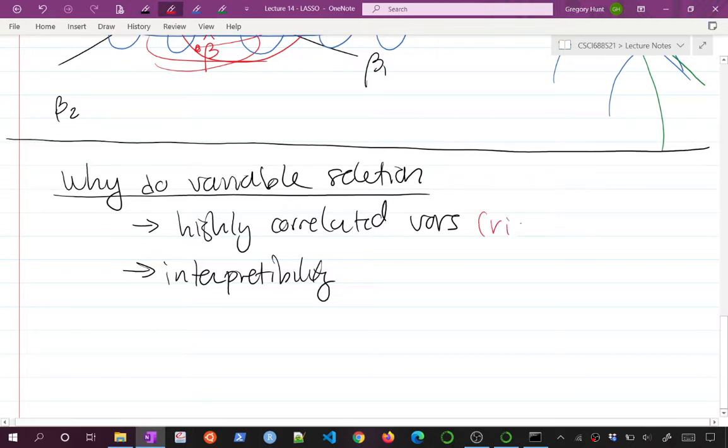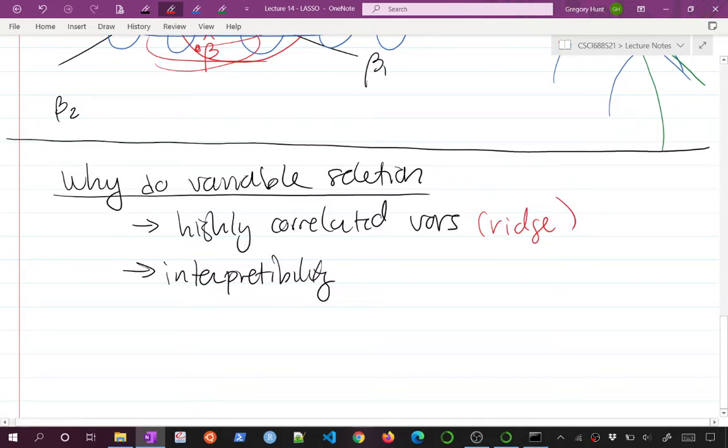Now, ridge regression helps in a continuous way solve this highly correlated problem, right? You could just throw out variables that are potentially highly correlated, and that would solve this problem. And ridge does that in a more continuous way.